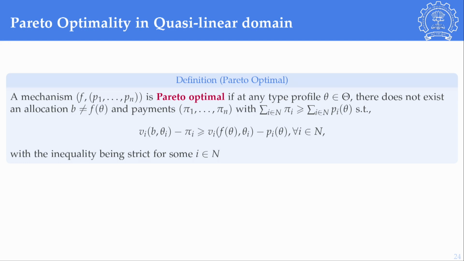So these pi's are all the amount of money that you have accumulated from this original mechanism. I have to accumulate at least that or more, yet it is going to be better for all the agents. That makes sense. I am not using any additional money, I am not subsidizing beyond what has already been subsidized, yet I am making things better for all the agents. So, therefore, it is not Pareto optimal.